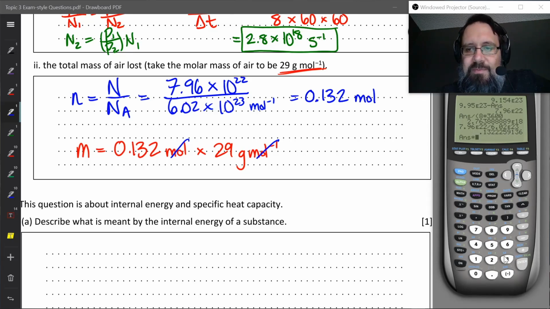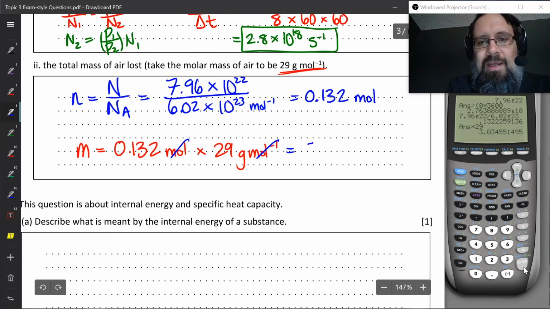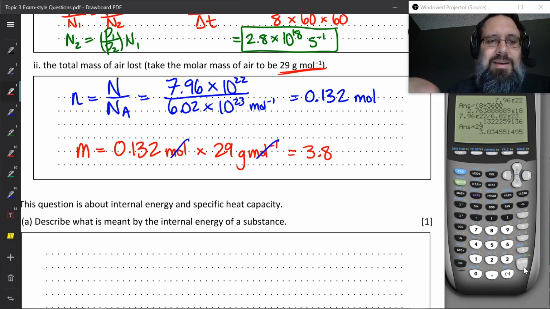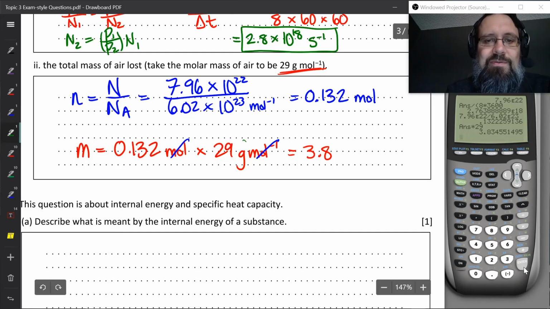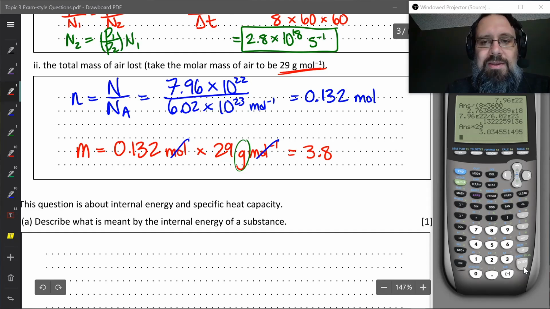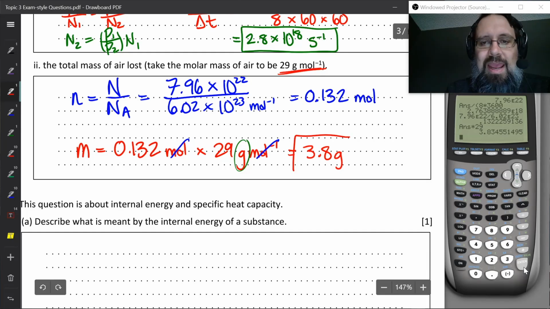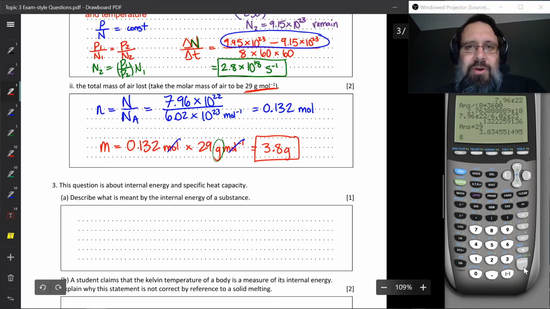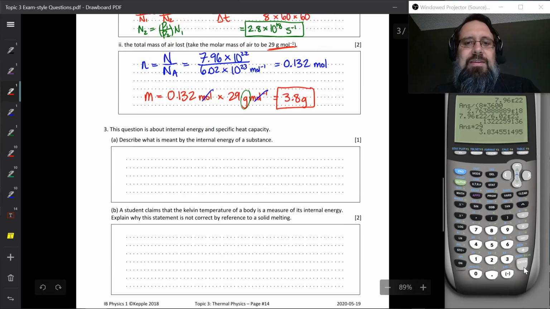Multiplying this by 29, we're looking at 3.8. And what's the unit? It's not kilograms, because this is grams. So this is 3.8 grams. In that 8-hour period, 3.8 grams of air escaped out of the tire.